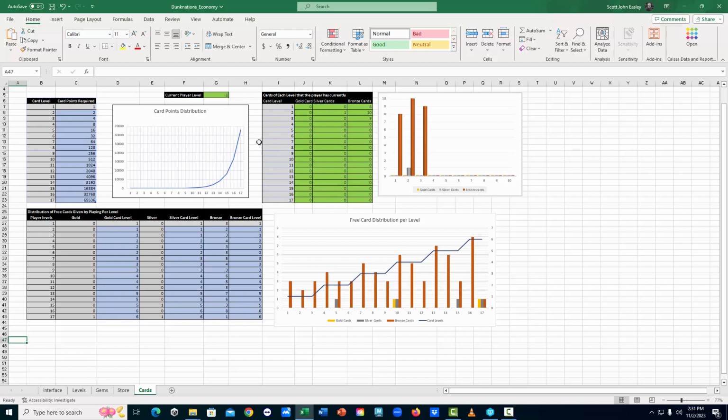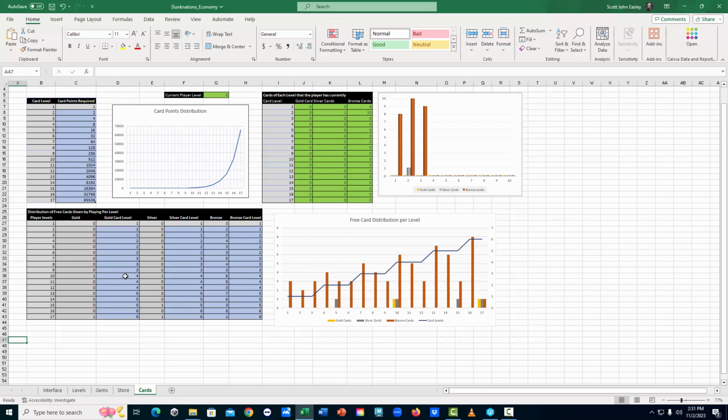So I've just used the SUMIFS function to give a sum of all the gold cards and the card level of the gold cards, because here we are not considering player levels, this is just card level. So which level cards a player has and which type of cards the player has. Since the player is at level 10, he has one gold card of level 4.